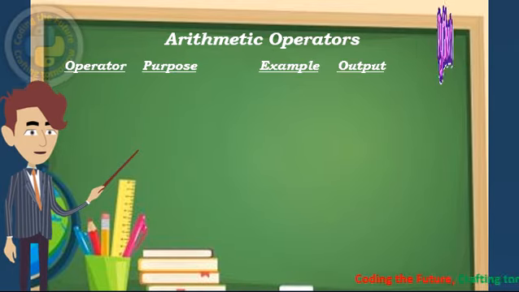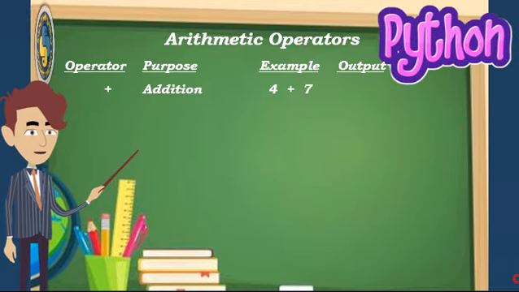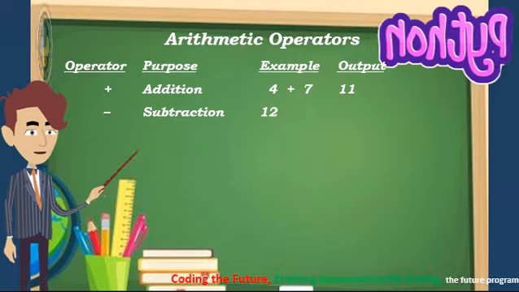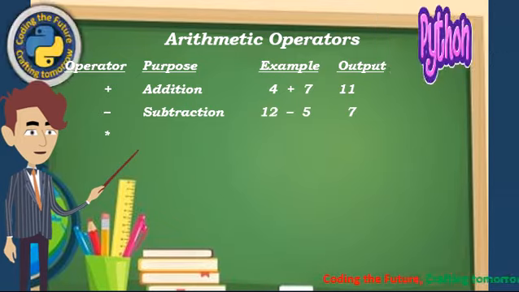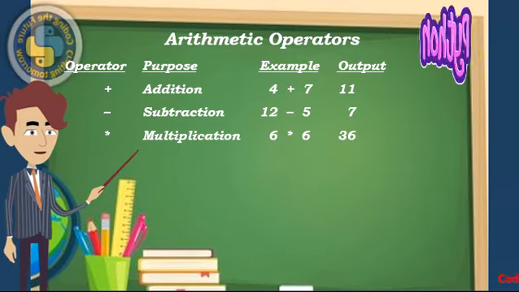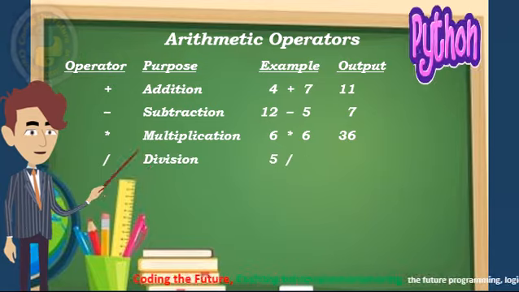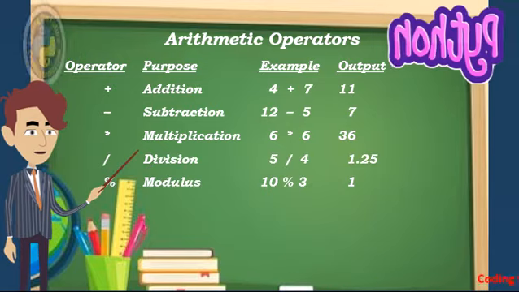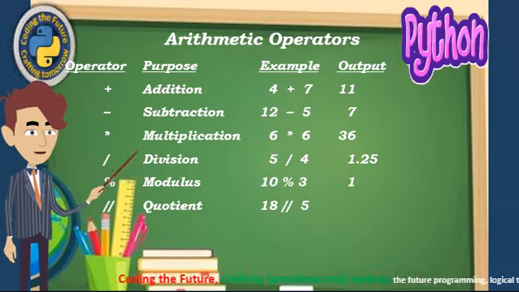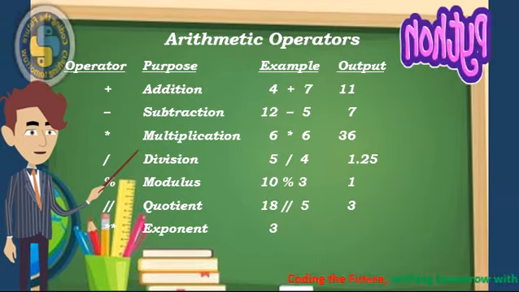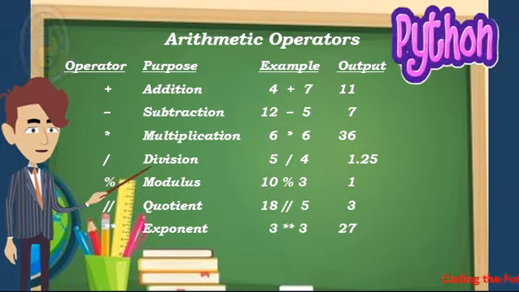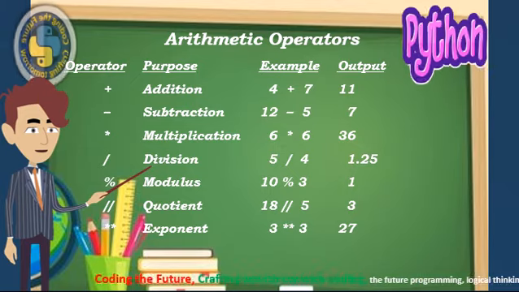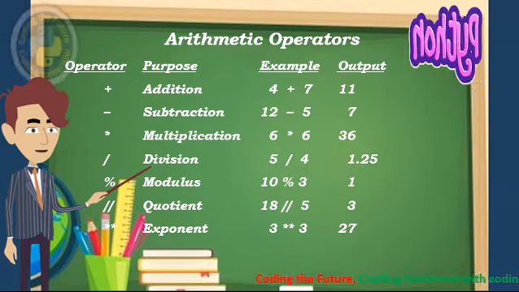Arithmetic operators. Plus for addition: 4 + 7 will return 11. Minus for subtraction: 12 - 5 will return 7. Asterisk for multiplication: 6 * 6 will return 36. Slash for division, that is floating point division: 5/4 will return 1.25.